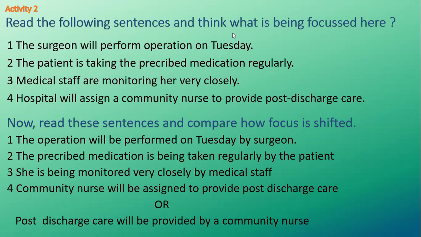If you want to focus on the provider, you can say community nurse will provide post-discharge care. We do not focus on the hospital. So this fourth sentence here is something that we might not use. We will never say hospital will assign.